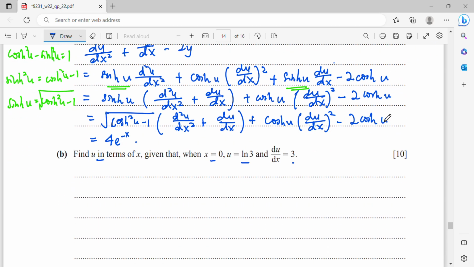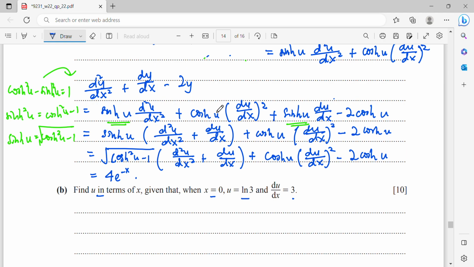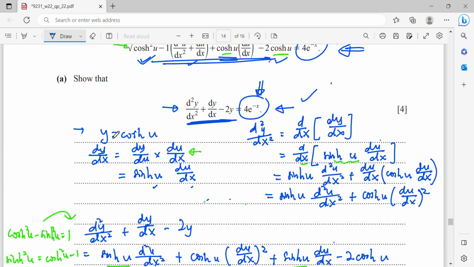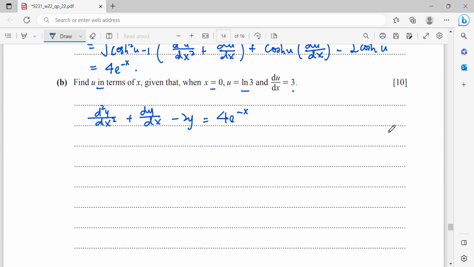So I will start with the second order differential equation, d²y/dx² plus dy/dx minus 2y equals 4e^(-x). Because we know that y equals cos u, if you need to find u, that is arccos y. So that's why we need to solve for y at this moment.